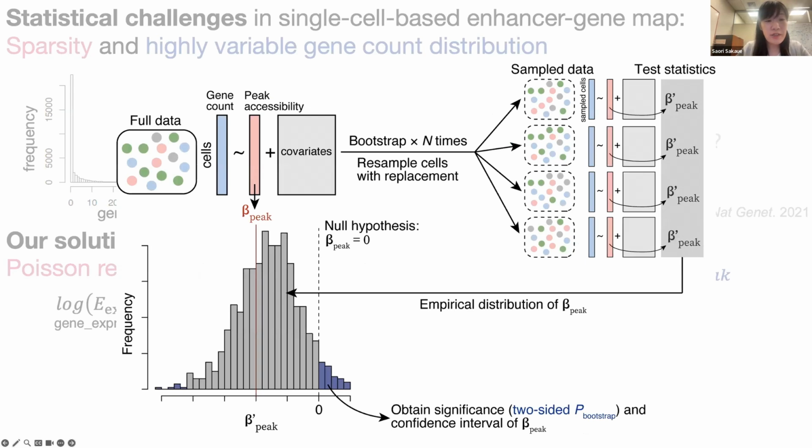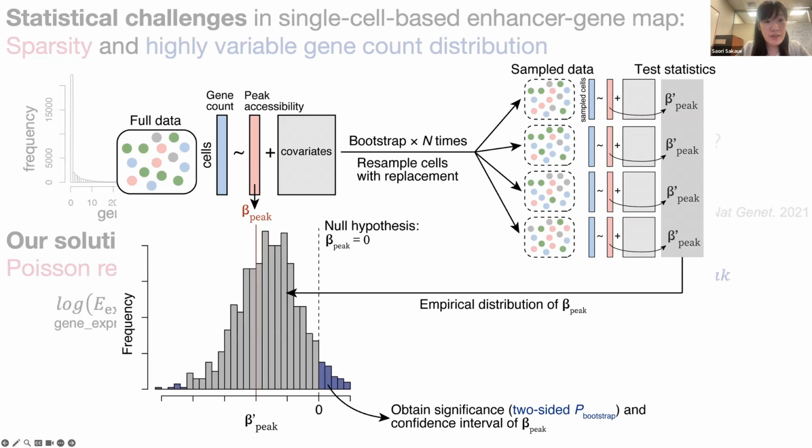Specifically, we did the primary analysis by using the full data, followed by bootstrapping many times to create sampled data by subsampling the cells with replacement, so that we have many empirical distributions of the data with the same regression framework.